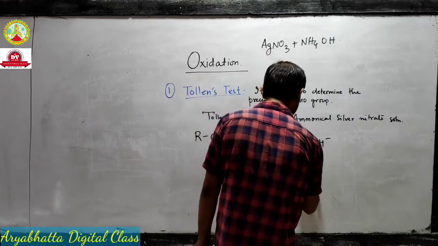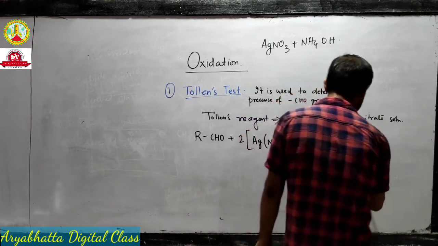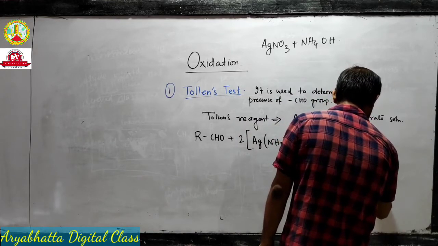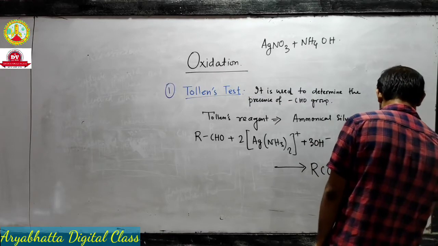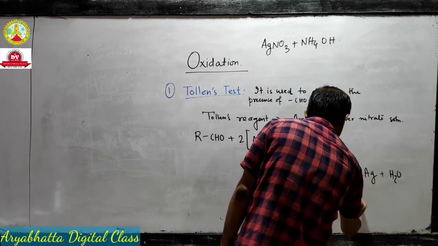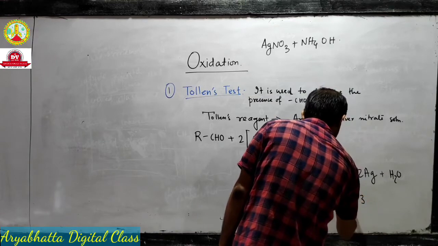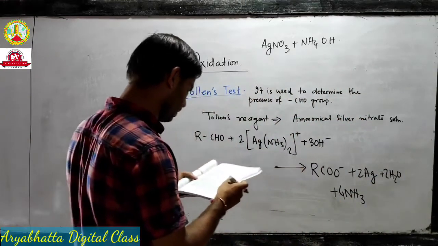So what will we get? We will get RCOO negative, 2 silver, water and ammonia. I guess 2 water molecules, yes, 2 water molecules.